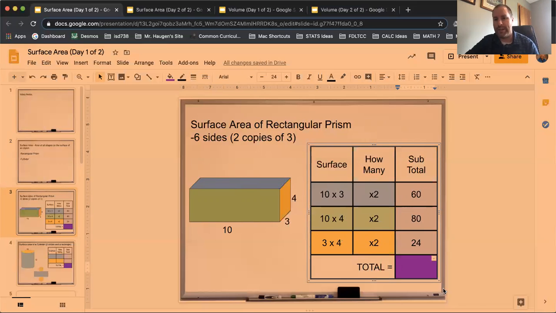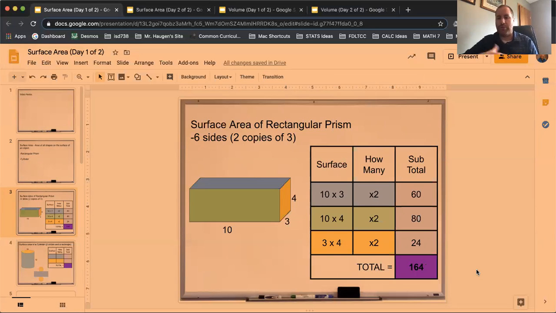And then to get our entire total, we would add all of those up, the 60, the 80, and the 24, which is 164. That would be the total surface area. We're just adding up each individual surface on there, okay?